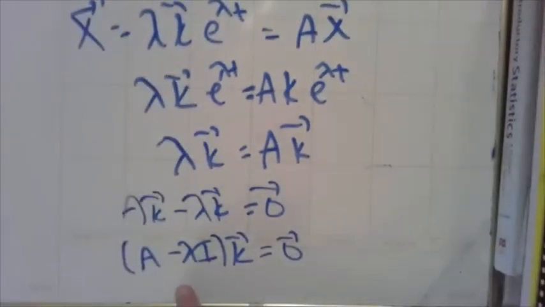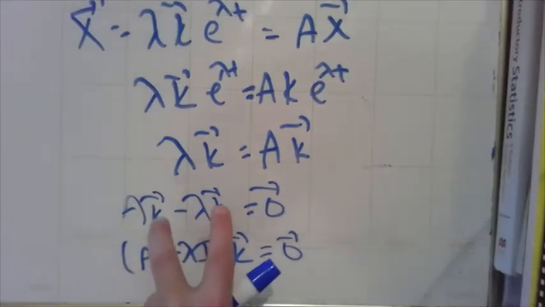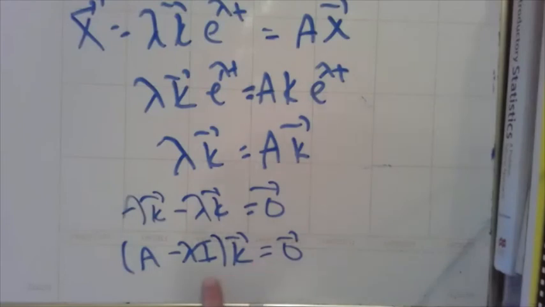Otherwise, the dimensions don't match up. Lambda is just a number. I can't take a matrix minus a number. So in order to factor out that vector K, I have to stick in this properly sized identity matrix. If I have a 5 by 5 system, that would be the 5 by 5 identity matrix. Now I can add together these two matrices, A plus negative lambda I. So this is the equation we want to solve.